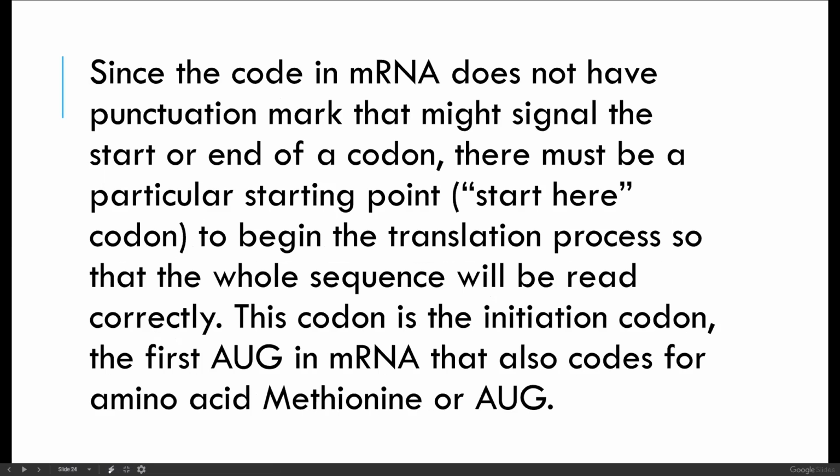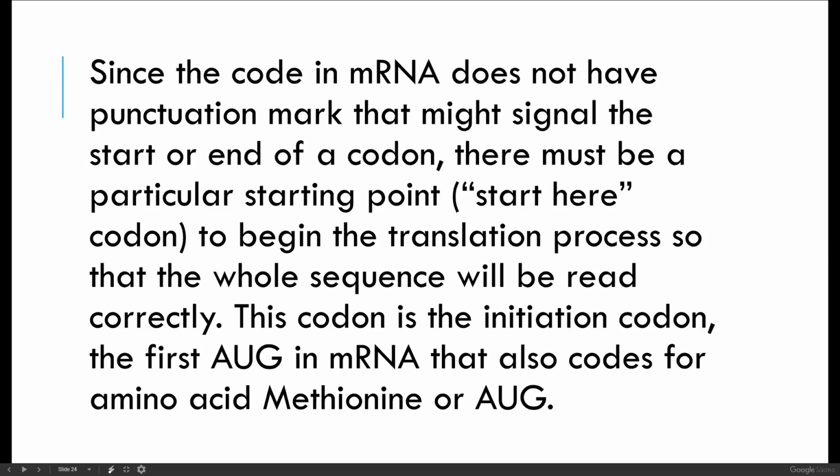Since the code in the mRNA does not have punctuation marks that might signal the start and end of the codon, there must be a particular starting point to begin the translation process so that the whole sequence will be read correctly. Without the starting and without the ending, it cannot be translated well.